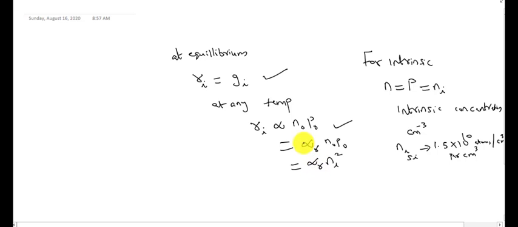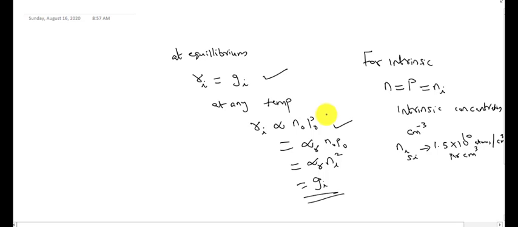So this is the relation Ri is equal to alpha into Ni square, and also we studied that at equilibrium this recombination rate will be the same as the generation rate. So these are the equations dealing with intrinsic semiconductor, that is, at equilibrium the generation rate is always equal to the recombination rate. If you are maintaining a steady carrier concentration, we have to consider the recombination rate also.